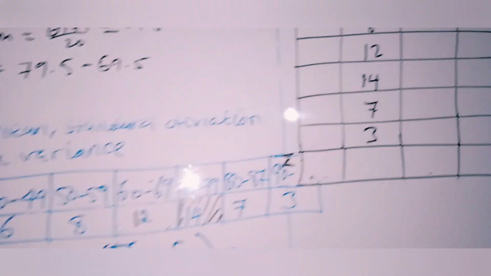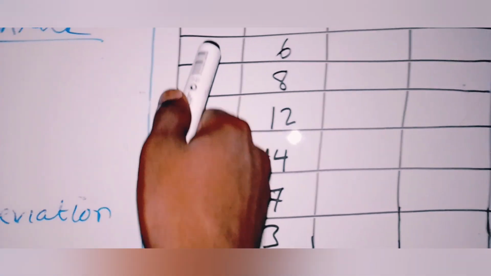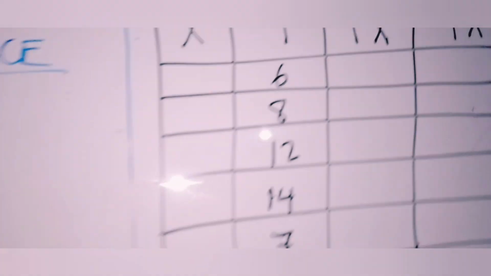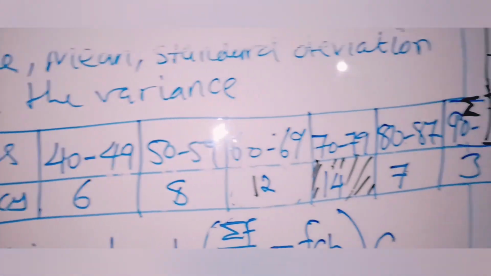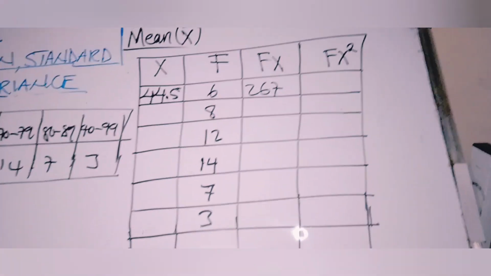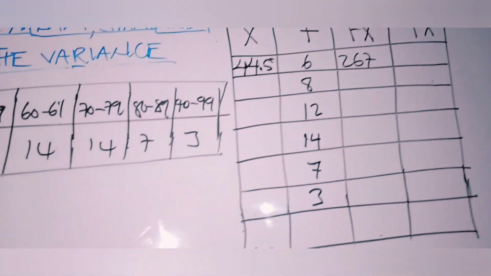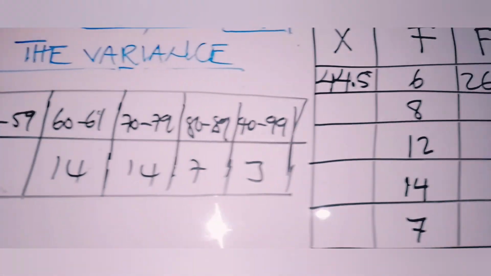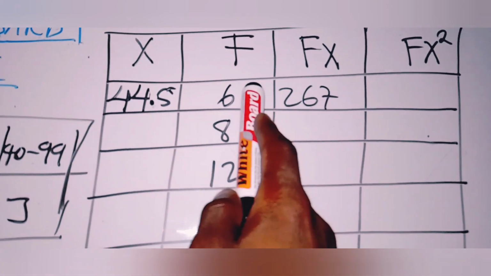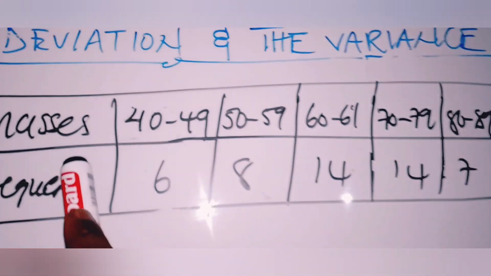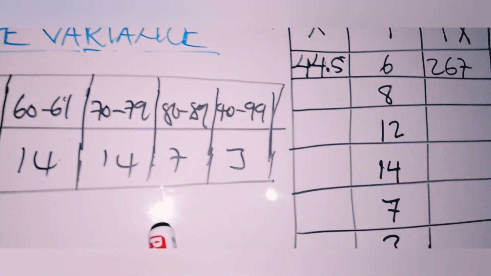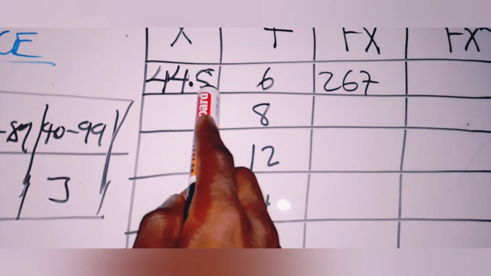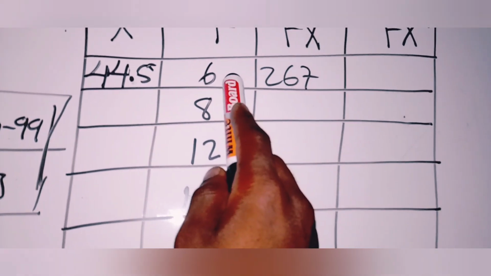And then I'm going to calculate here. Okay, for 6, what is the x? So for 6, 40 plus 49 divided by 2, what is it giving you? Where there is a frequency of 6, we added 40 plus 49 divided by 2, then it gives us 44.5, and then there's a frequency.